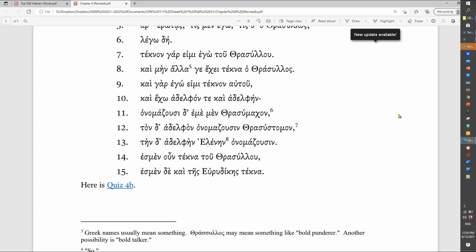Ton adelphon onomazousin Thrasustomon. They named the brother Thrasustomon. So you know how you can remember what these names mean? All these are bold words, so bold battle, bold mouth. My mnemonic device for stoma is there was this preacher in the 400s called John Chrysostom.